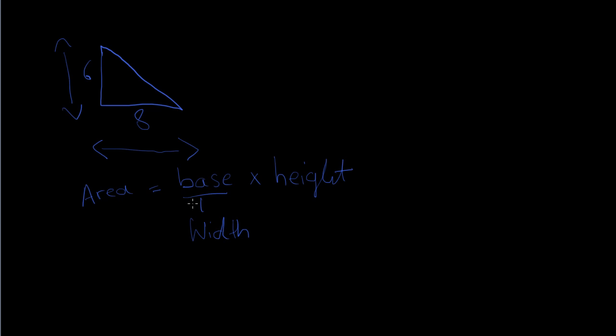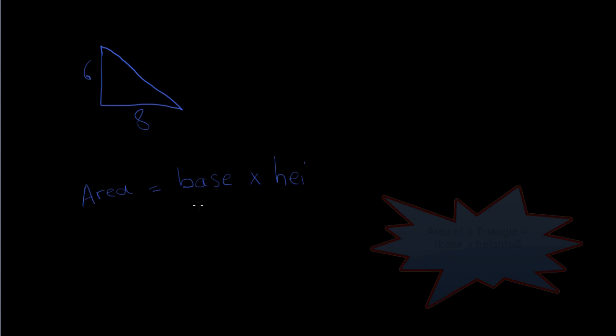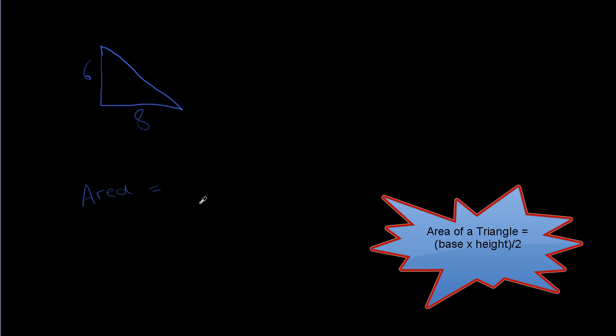So the question is very simple. Now what you realize is that if you work out the base times the height, then the area should just be 6 times 8, where 6 is the height and 8 is the width.